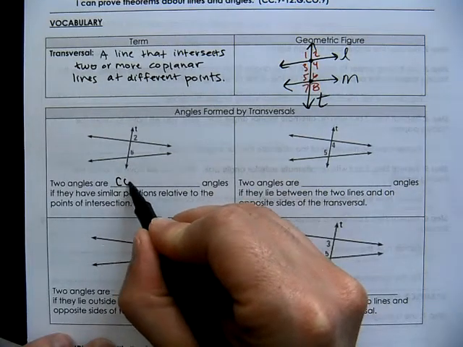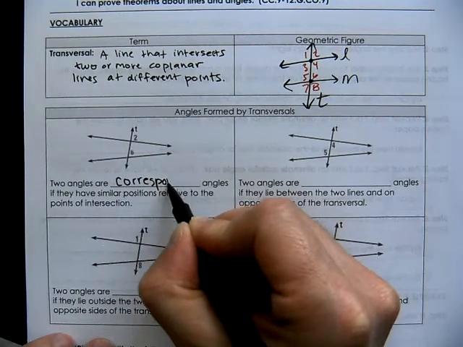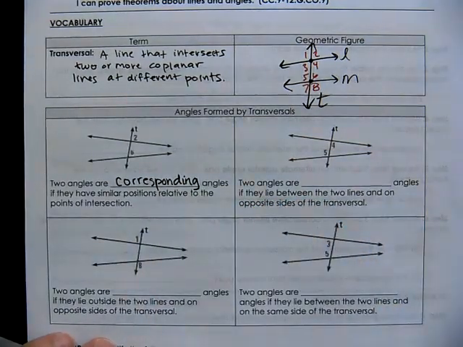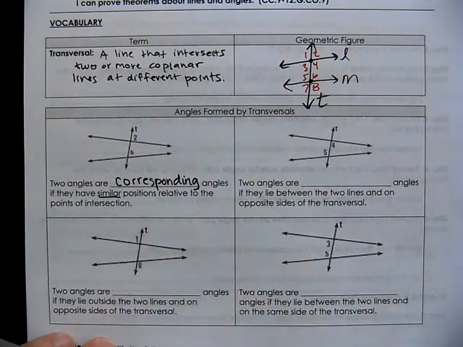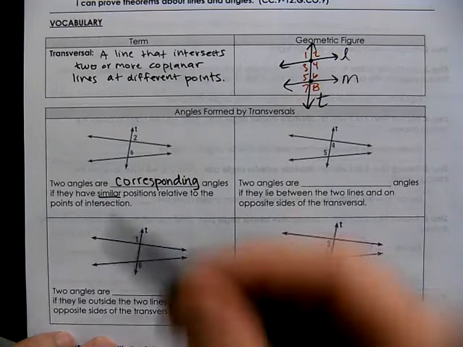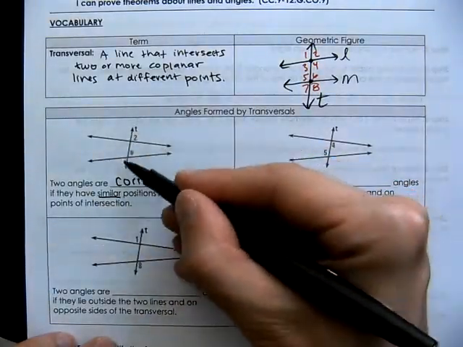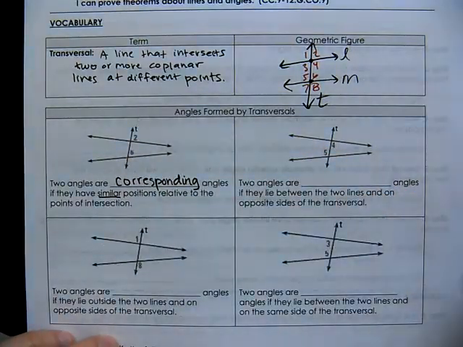So 2 angles are corresponding angles if they have similar positions relative to the point of intersection. So we have 2 points of intersection, so we look at the top point of intersection and then we look at the bottom point of intersection and we look to see if they have a similar position.